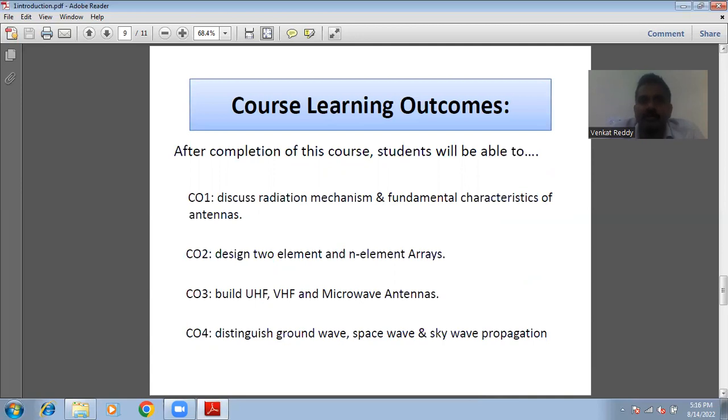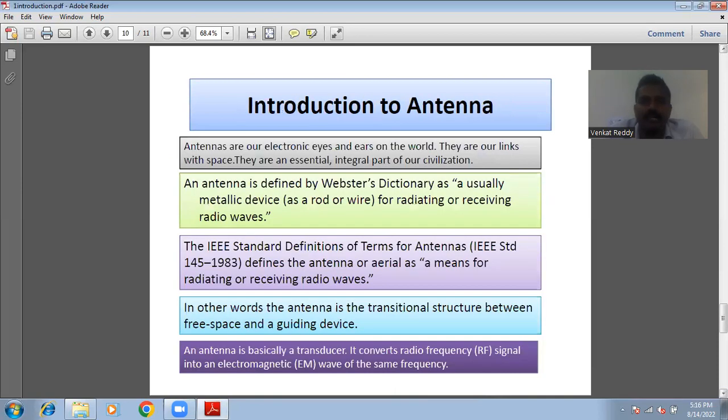Course outcome 3 is to build UHF, VHF, and microwave antennas. You should be able to design antennas for TV signal reception and antennas for mobile phones. This all comes under course outcome 3. Course outcome 4 is to distinguish ground wave, space wave, and sky wave propagation. This is a very, very important subject, antennas and wave propagation.